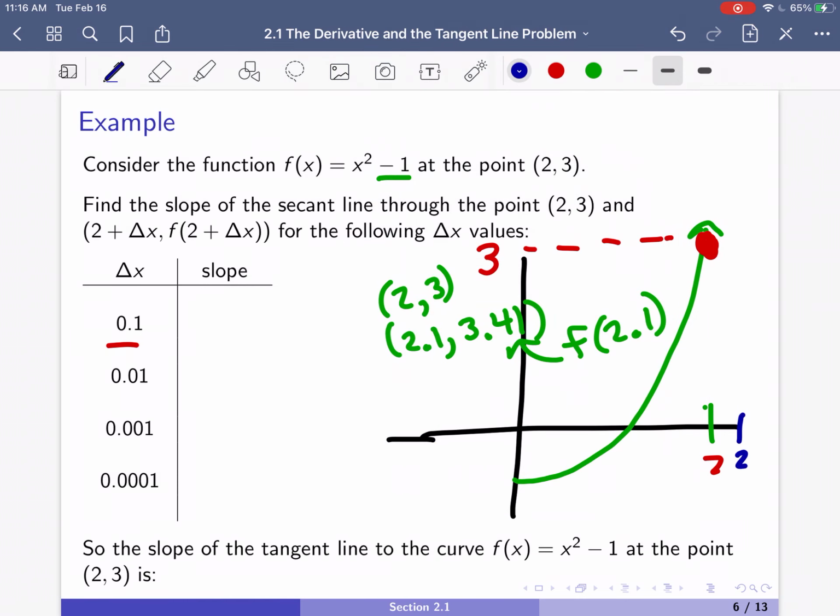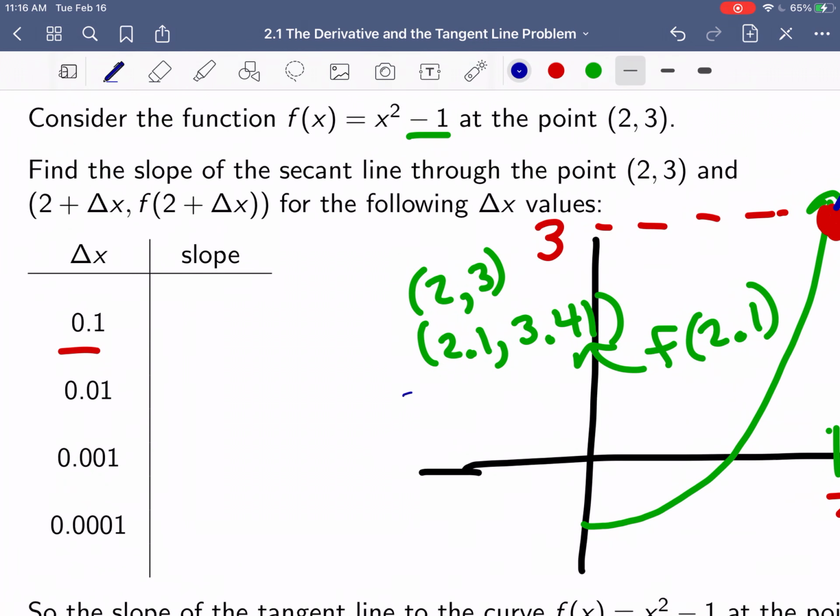So let's plot a rough idea of this here. Somewhere up here we have that. And so we're finding the slope of the line between those 2 points. To find that slope, we're going to take the difference in the y values divided by the difference in the x values.